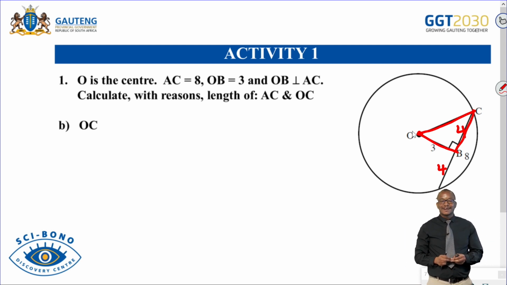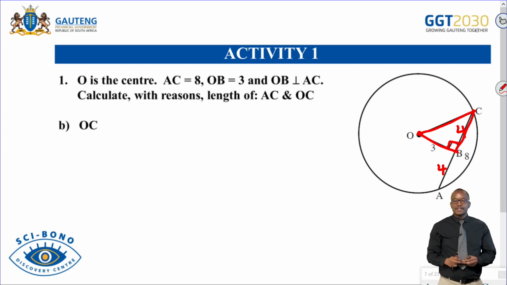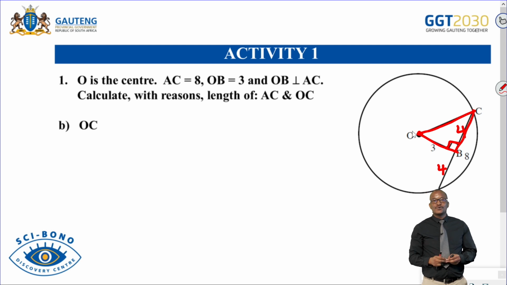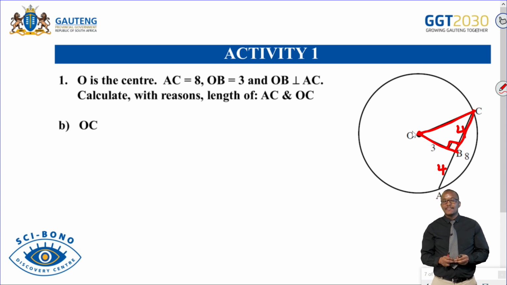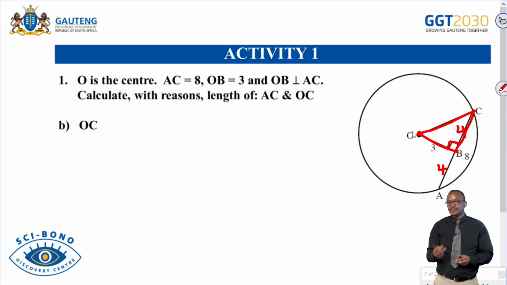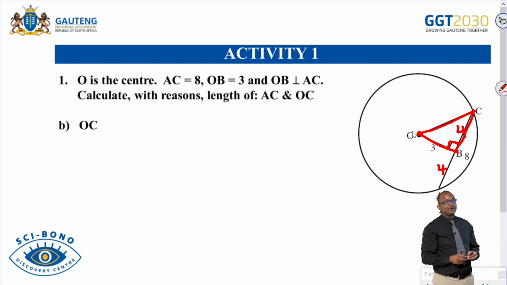We know that it's a right angle triangle because it has one angle of 90 degrees. And the minute you have a right angle triangle with 2 sides given and one unknown side, you must use what we call the theorem of Pythagoras.